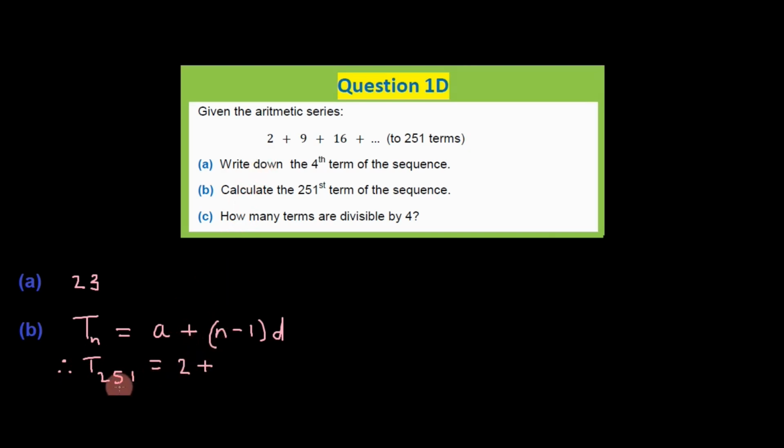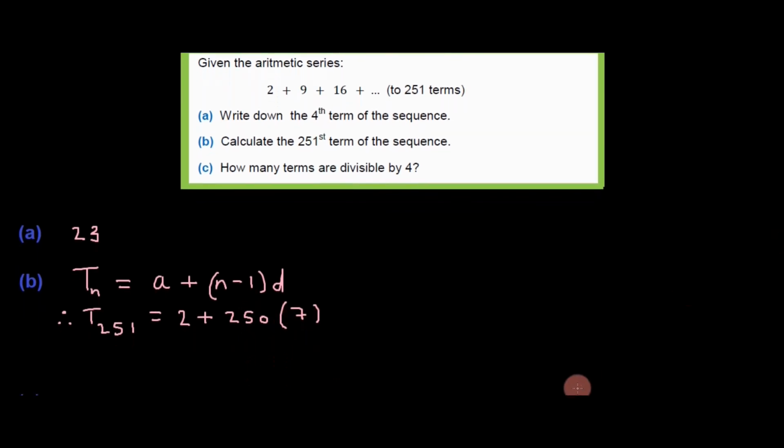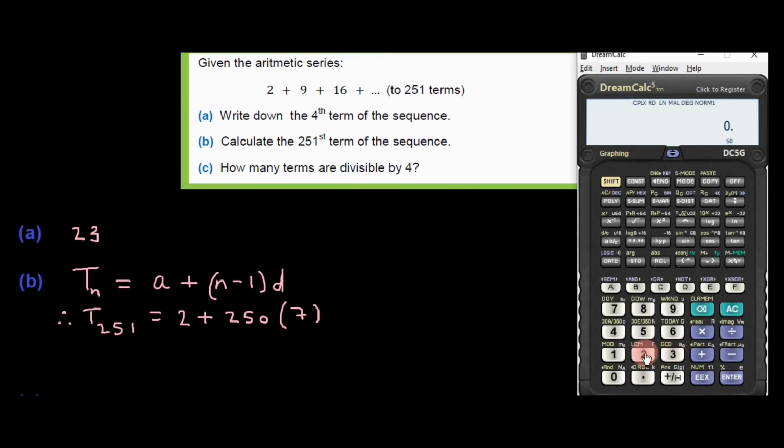Then n is 251. So we have 251 minus 1, which is 250, times the common difference D, which is 7. We can do this on a calculator. So it's 2 plus 250 times 7. And it's 1752.